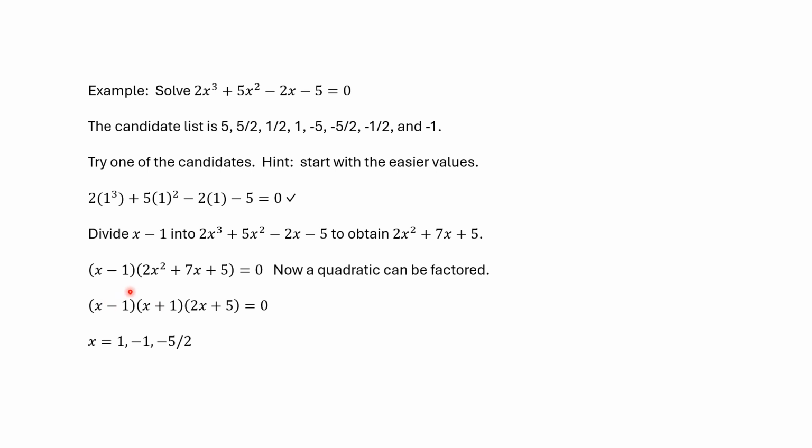So I got x minus 1 times 2x squared plus 7x plus 5 equals 0, which I can factor as a quadratic. And if I don't see the factors, I could use the quadratic formula. So now I have all three of my solutions, x equals 1, -1, and -5 halves.